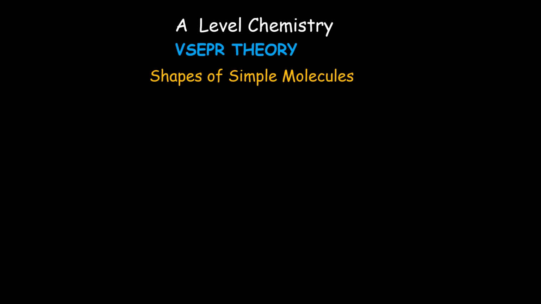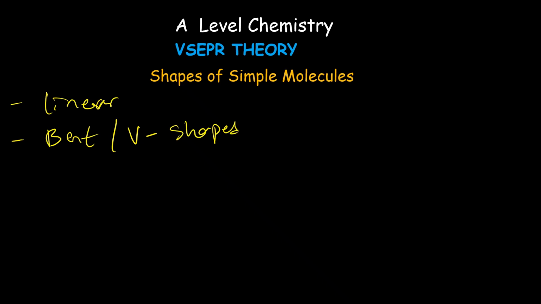And the shapes we're going to be looking at: the first one, the linear shape. Second one, we have bent or V-shaped, depending on your specification. Some can call it angular as well. The third shape is trigonal planar.